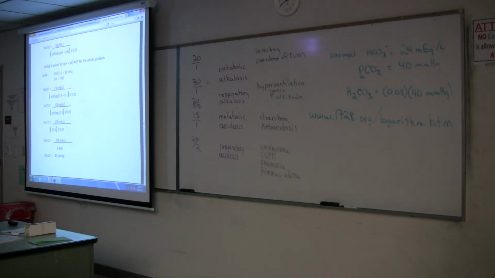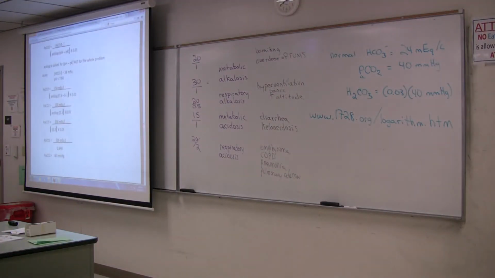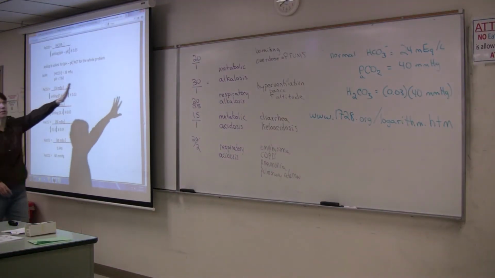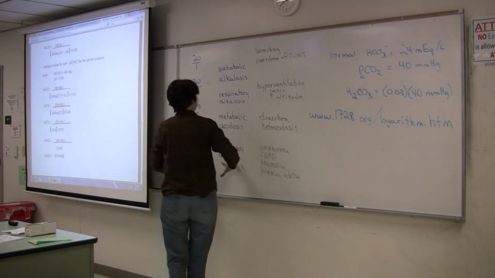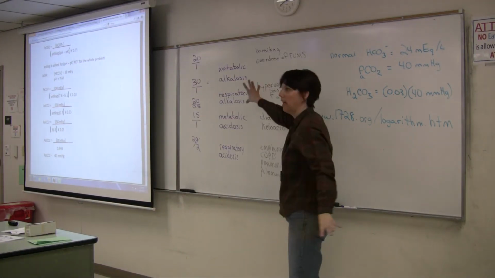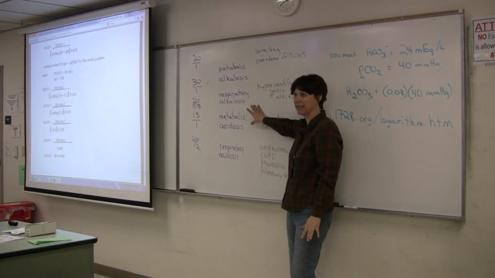Either way will work. The underlying concept that I want you to be able to determine is just practicing with numbers and plugging them in once you've done one. The other three or four are just practice. This is what I want you to understand: how these changes affect alkalosis or acidosis.